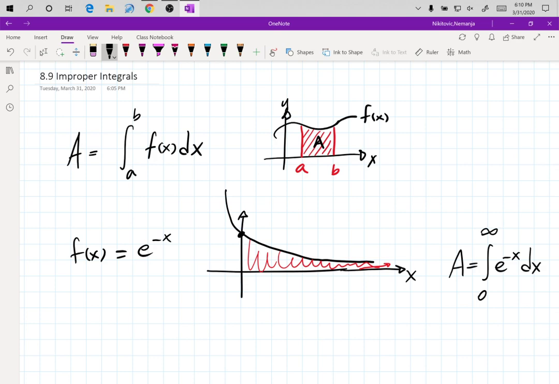And the question is, this function e to the negative x will never cross the x-axis, which means it will never create the bounded box, right, for the area. But is the area infinite, right? Which kind of makes sense to claim. But we'll see that in this case, it's not. So that is the easy case, where you have an infinity or negative infinity in your limits, and you deal with that.